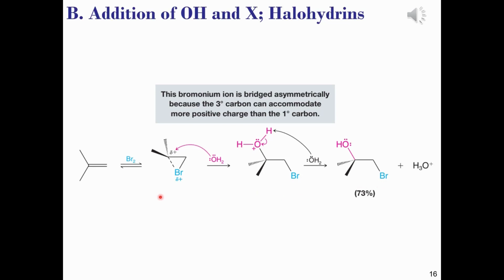Here we have a bromonium ion that is bridged asymmetrically because the tertiary carbon is able to accommodate more of the positive charge than the primary carbon. And this means that the water will attack the more stabilized positive charge, which is shown in the second step. Lastly, the protonated bromohydrin undergoes a proton transfer to yield the halohydrin as before. This concludes part B.